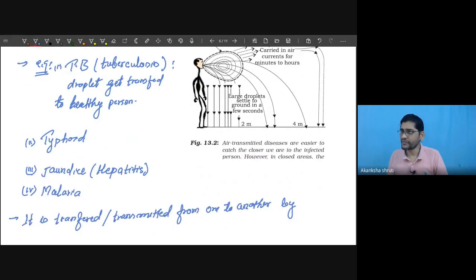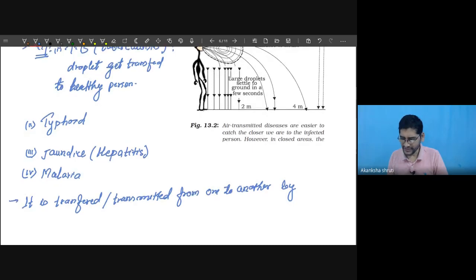Typhoid, the mosquito. The jaundice, the water. The malaria: if a mosquito takes a bite from the malaria patient, and the same mosquito bites the healthy one, then the malaria protozoans get transferred from the patient to the healthy one.